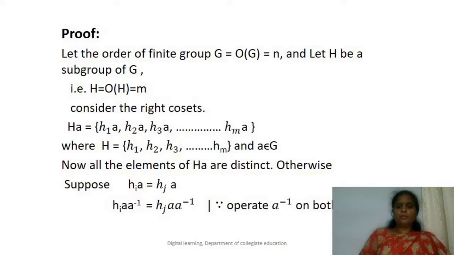Let us take the contradiction: if hia is equal to hja, what happens? Let us see. Taking the operation a inverse on both sides, we get hi a a inverse equals hj a a inverse. So a a inverse becomes e here.